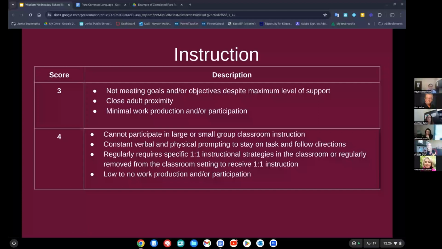Okay. Thank you. Andrea, did you have anything you wanted to add on that? I was going to add, if we can't reach a conclusion, like say the school team is stuck on a score of 3 and parents are dead set on a score of 4, we can average it out to 3.5 if they're meeting all 3 of the scores in the 3rd domain, and then for the 4th score they only have 2.